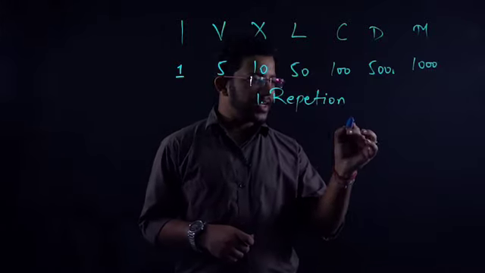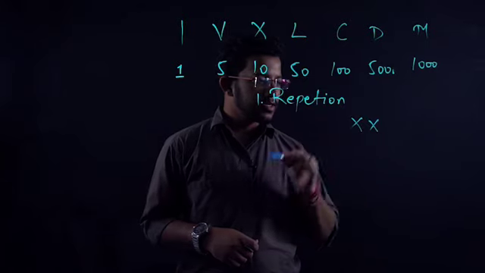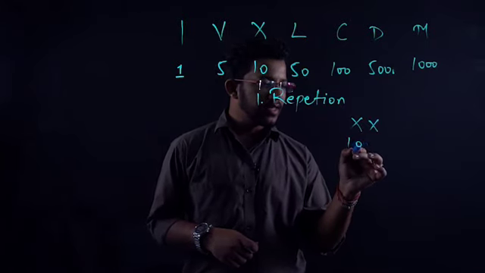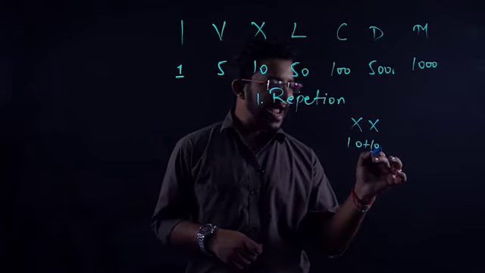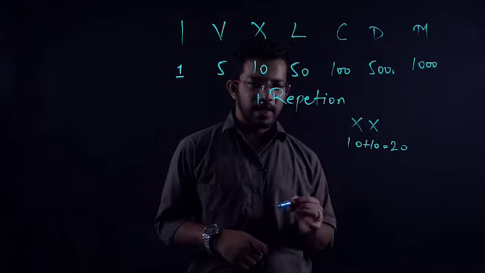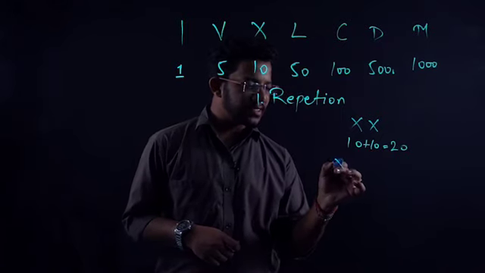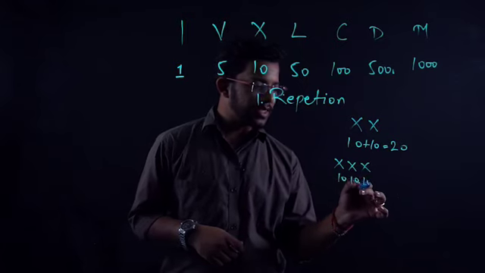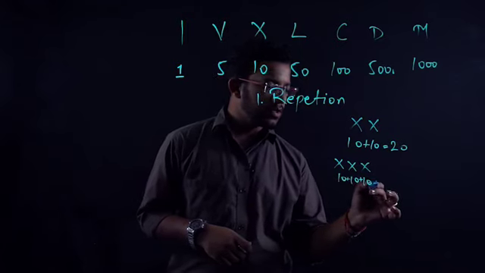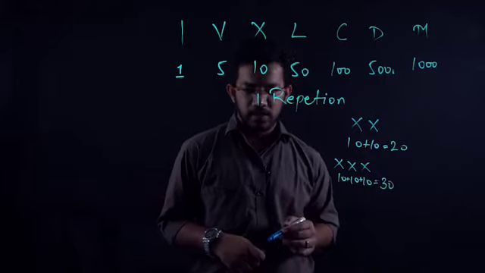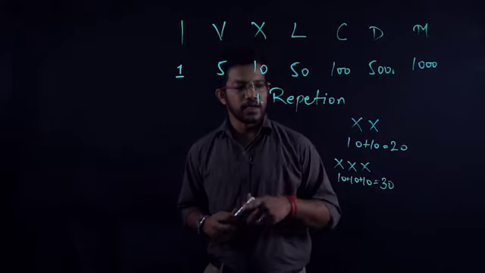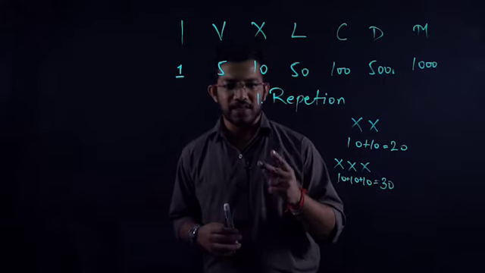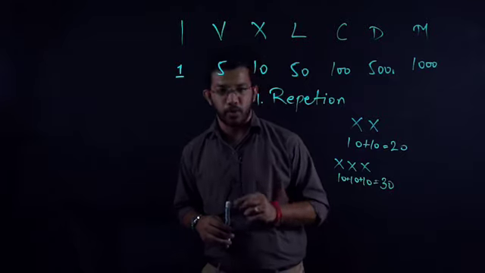For example, if I write X twice, it means 10 and 10 which get added to give you 20. At the same time, if I write X thrice, it gives 10 added 3 times to give you 30. So, a number can only be repeated twice or thrice. This is point number 1.